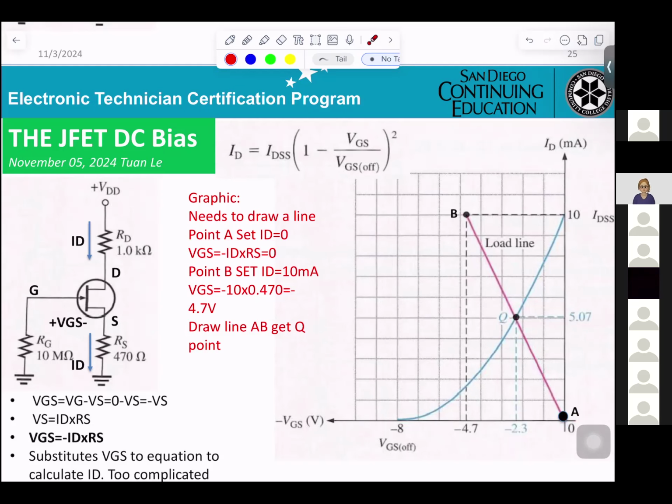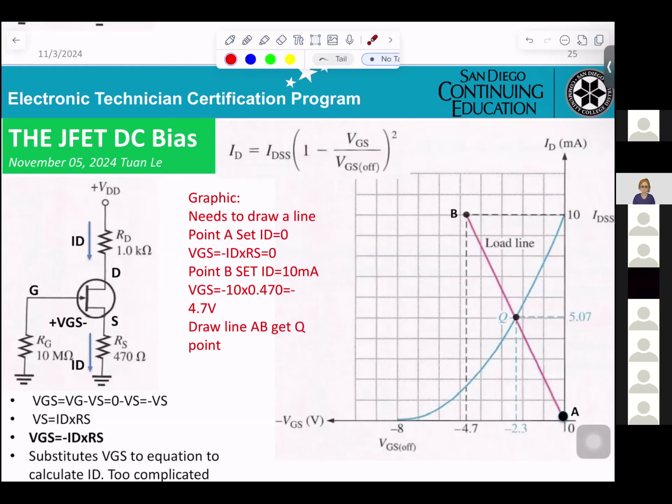Another point B. Point B, you can set ID equal 10 milliamp. Then VGS equal minus 10 times 0.70 ohm, and you get this point.